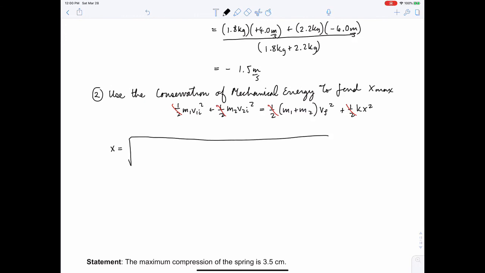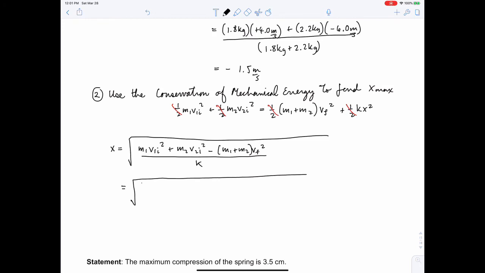So if we solve for x, I'm going to do this all in one step, so bear with me. m1 v1 initial squared plus m2 v2 initial squared minus m1 plus m2 times the final velocity squared, all divided by the spring constant k.